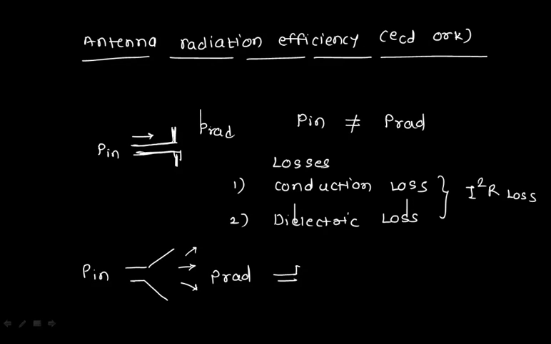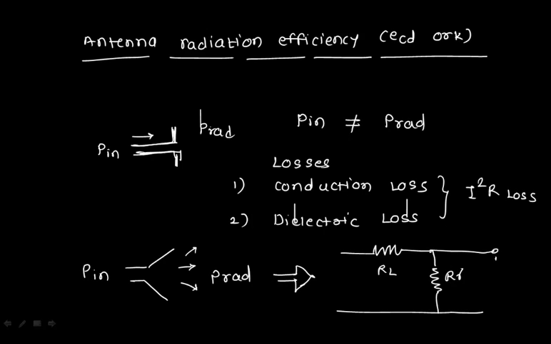And if I draw an equivalent circuit for this, this resistance represents the loss resistance, which includes these two losses, conduction loss and dielectric loss, and this is the radiation resistance, which actually contributes to the radiation of that particular power.